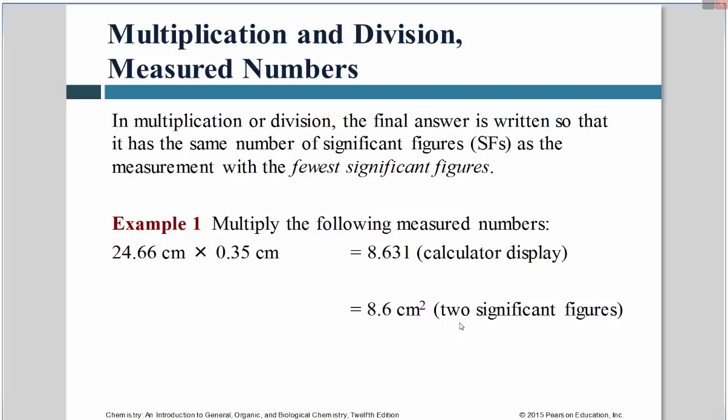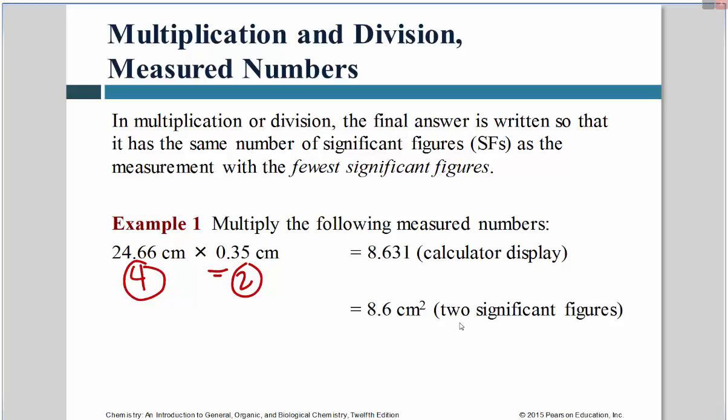When we're multiplying and dividing numbers, it's a very simple process. All you have to do is sit back and look at how many significant figures are in each individual number. So 24.66, there are 4 significant figures here. 0.35, there's only 2 here. That 0 in front does not count.